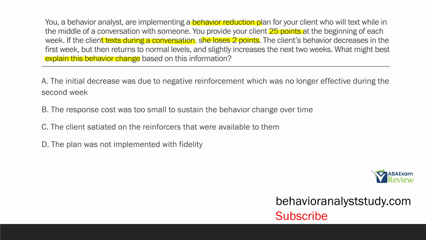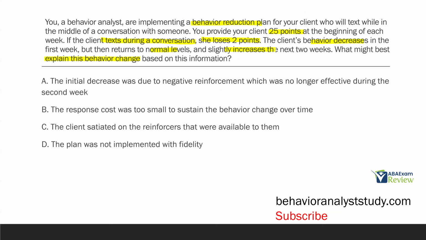Part of the exam is going to be you taking information and determining what intervention is being used. In this case, we're using response cost. If I give you 25 points, which is reinforcement, and I take those points contingent on behavior, that's a response cost. Initially, it works, the behavior decreases, but then the behavior goes to normal levels and then increases. So what happened?